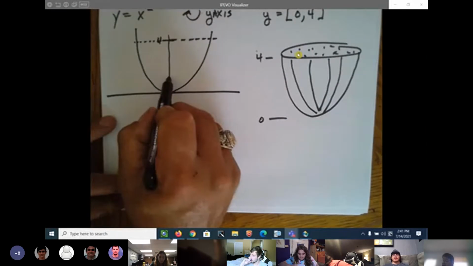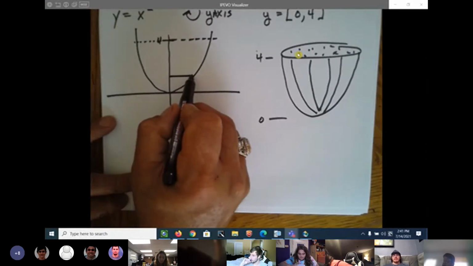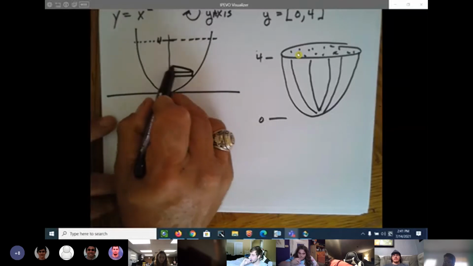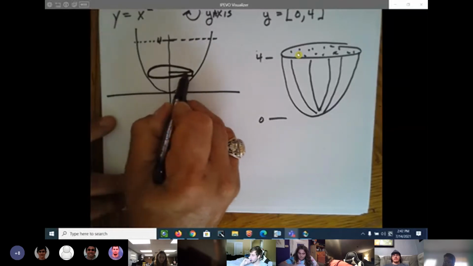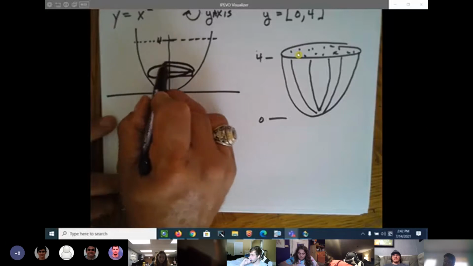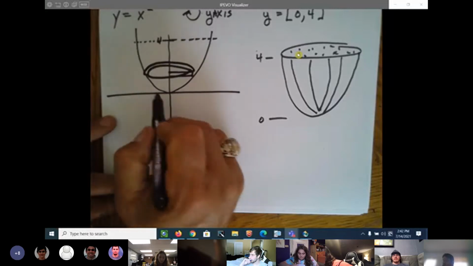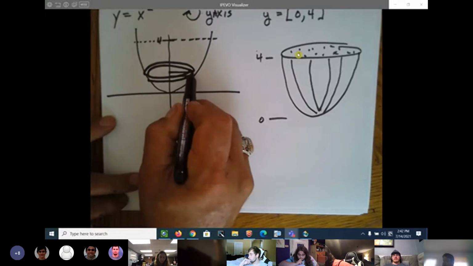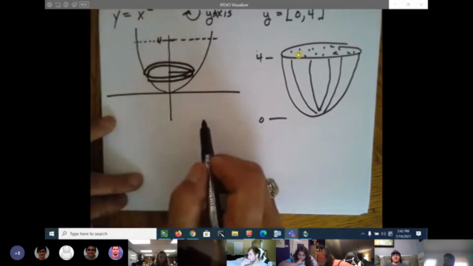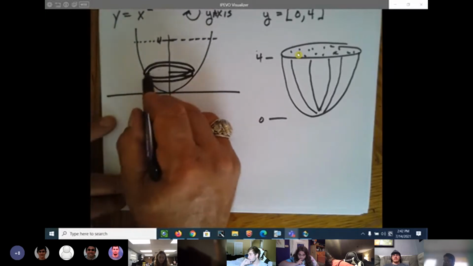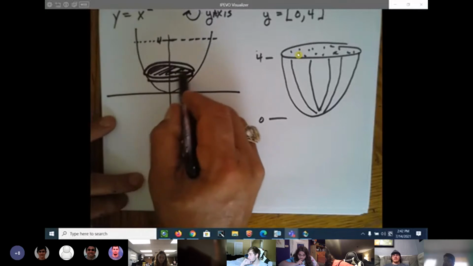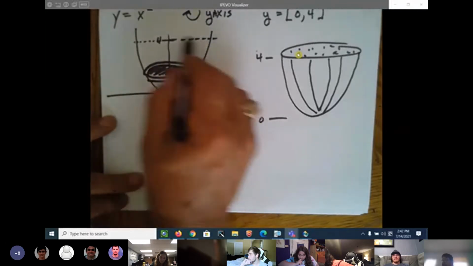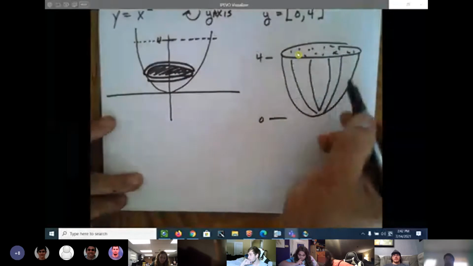And here is our disk, and it's going around like that, and it's causing a solid disc shape. So that means that it's going round and round and round, and it's forming this picture.